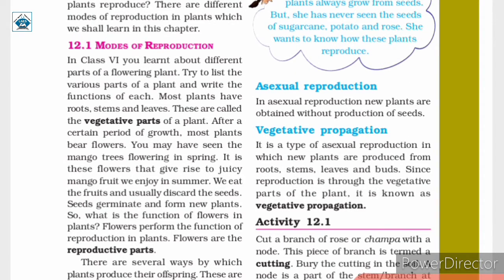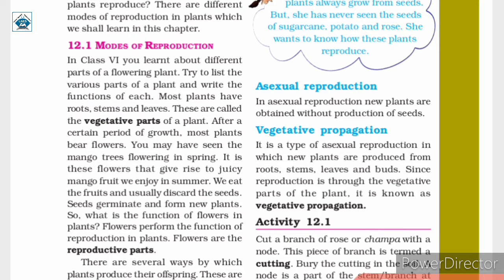In the previous classes, you have learned about different parts of a flowering plant. You can try to list the various parts of a plant and write down the functions of each of those parts. We all know that most plants have roots, stems and leaves.